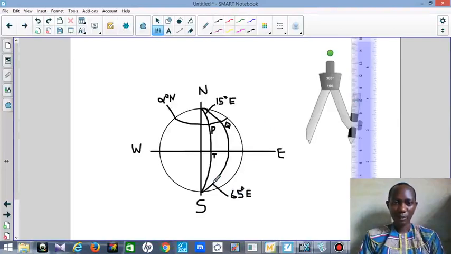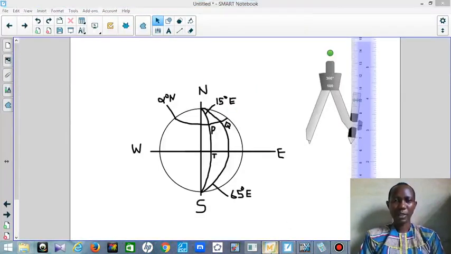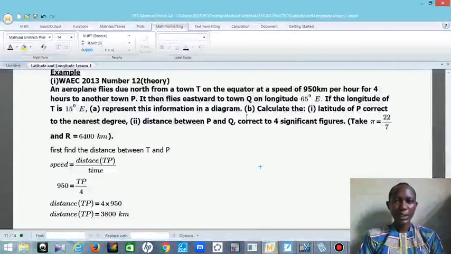Just label it well so that your examiner will know what you are using. Remember, I labeled the latitude of P as alpha, because this is what we are going to calculate next. So part A of the question, you have sketched it, so you have answered A. After doing this, you now go and finish up your solution. Let's go and complete our work. So A is settled. You have the diagram on your paper there.